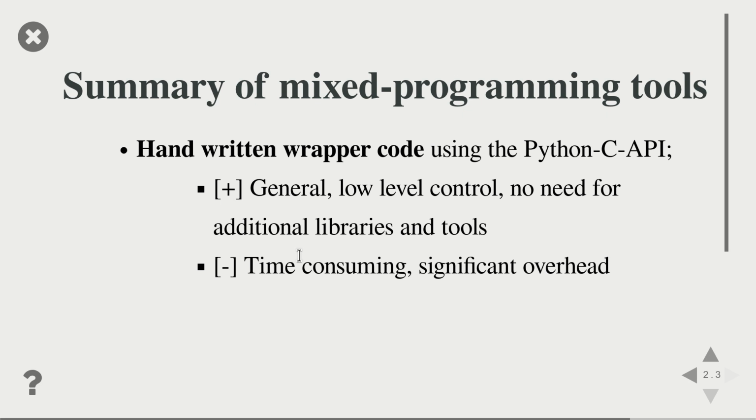If you call a C library from Python, you need to take all the Python objects, convert them into C data types, then call the function, get the results, convert the output data types again to Python objects, and then return and pass it over to Python. So this works very generally. You have a lot of control, but it's very, very cumbersome. I used to actually show that in this lecture, but I stopped doing that because it's just not necessary anymore.